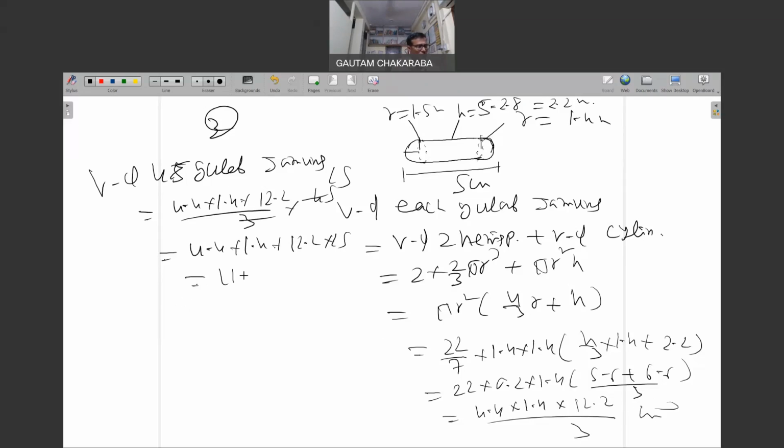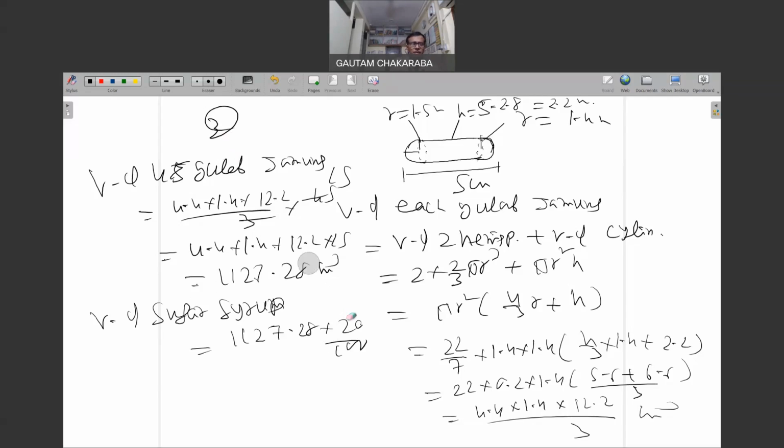This is 11 to 7.28 centimeter. Now volume of sugar syrup, 30%, not 20%.